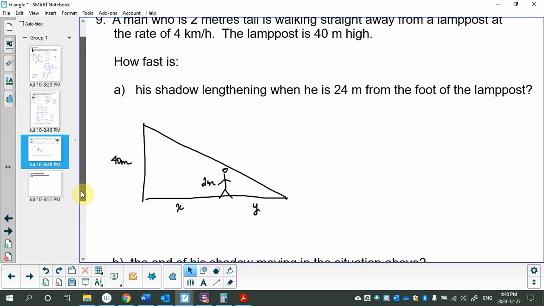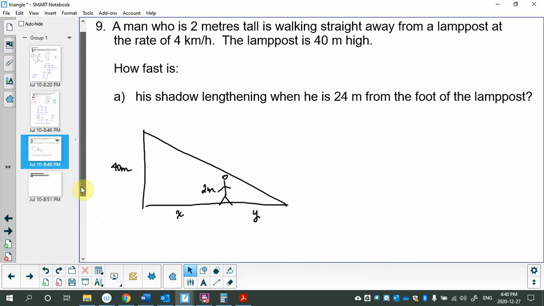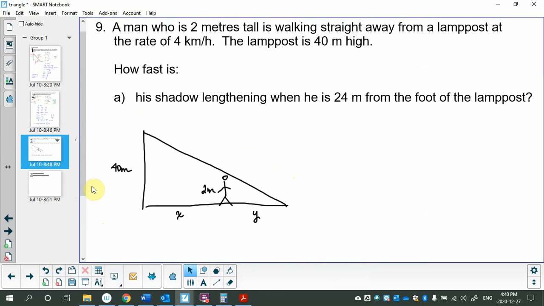So the question says, actually part of the information says, a man who is 2 meters tall is walking straight away from a lamppost at the rate of 4 kilometers per hour. So that actually means that this distance here is growing at 4 kilometers per hour. It also means that all these numbers have to get changed before we even think about doing anything else, because this is in kilometers per hour and these are in meters.